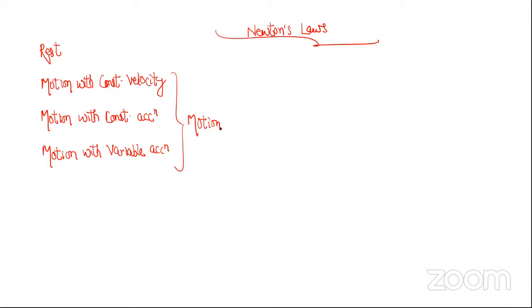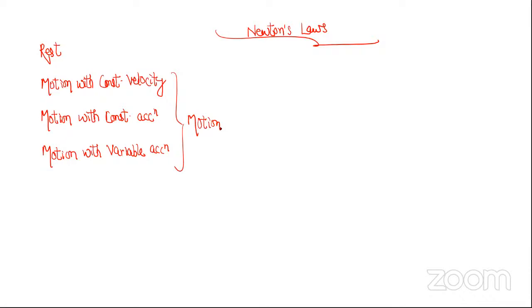Velocity, if it is initially 0, after one second it becomes 3, after one more second it becomes 6, then 9, then 12. What kind of motion is this? Constant velocity? But constant where? It is increasing. Velocity is 0, then 3 meter per second, 6, 9, 12 meter per second.